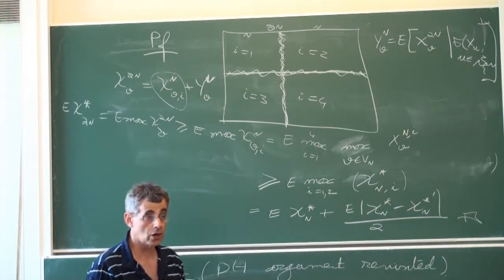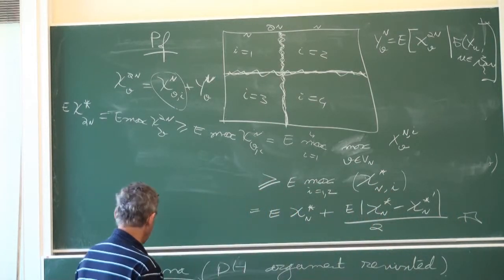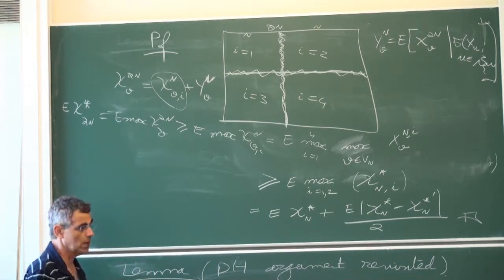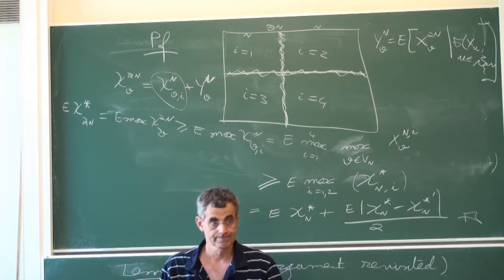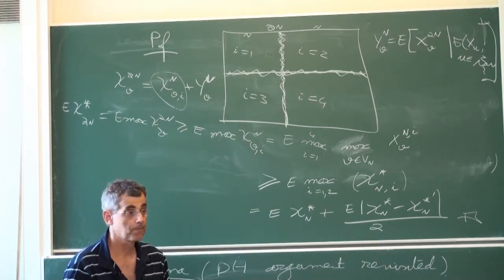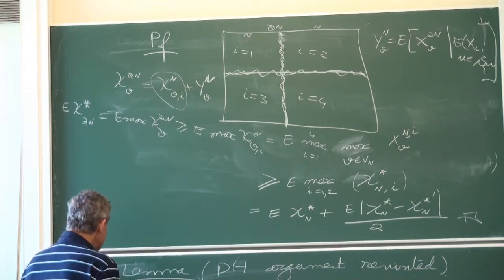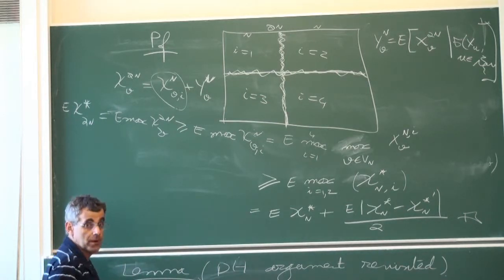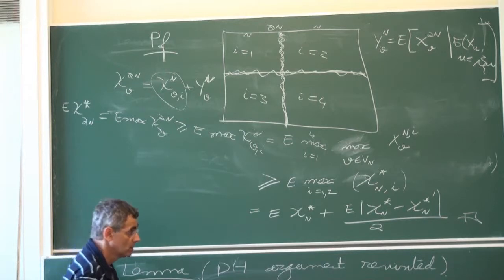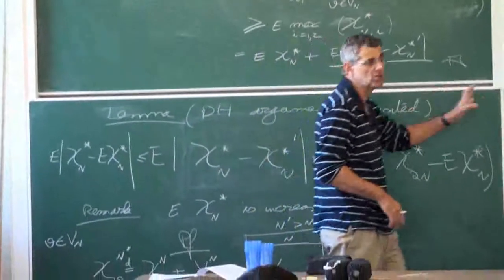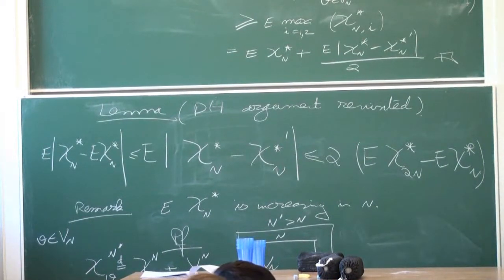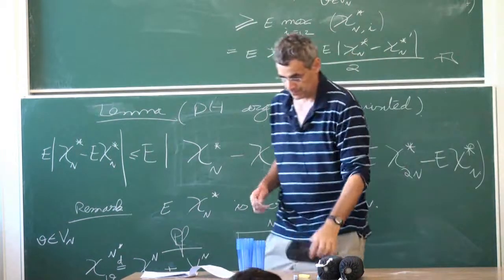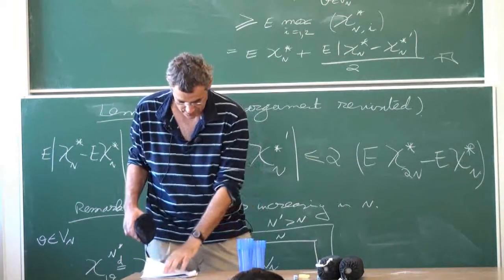So we have shown that we can adapt the Dekking-Host argument to our situation. Questions about that? So this part used the Markov property in a crucial way. The previous proof actually did not use a Markov property at all. It just used a covariance. But this part uses a Markov property in a crucial way. Okay, good.